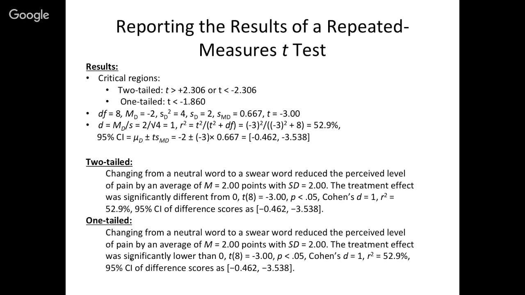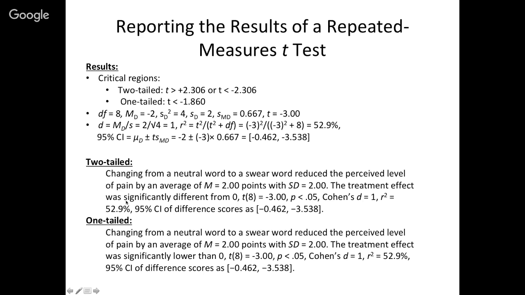And then here is a sentence for the one-tailed test. If my question is whether or not swearing a word can significantly reduce the perceived level of pain. You see here, from here to here, the descriptive stats part is exactly the same, and the difference is just here.